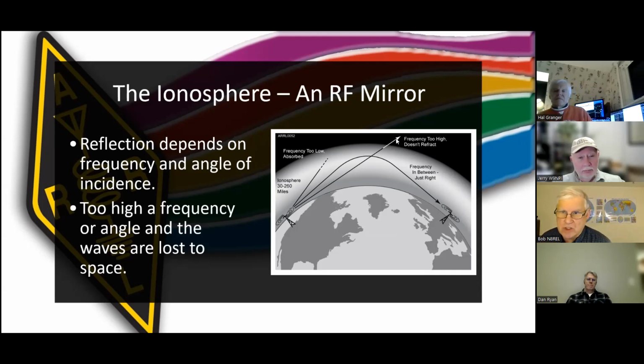This is not always bad, by the way, because normally the 2-meter band, 144 megahertz, will shoot right through the atmosphere.